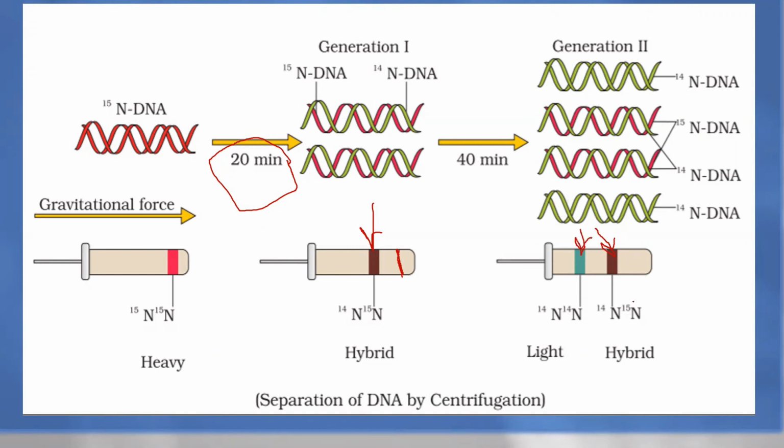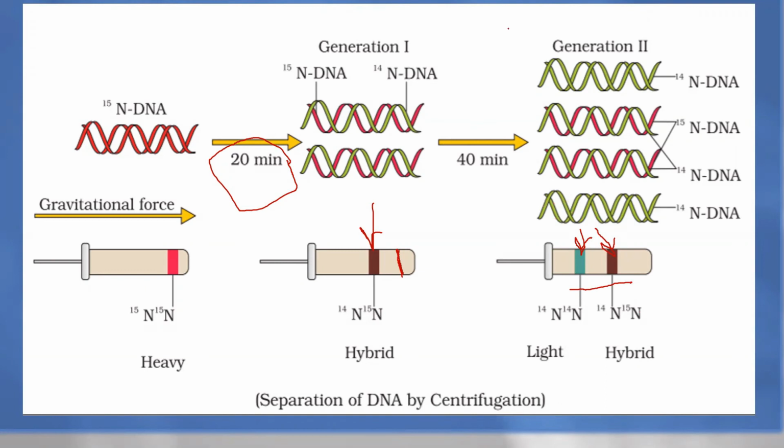How is it possible that two new different density patterns were observed than in the first case? These results are possible only when DNA replication is semi-conservative.